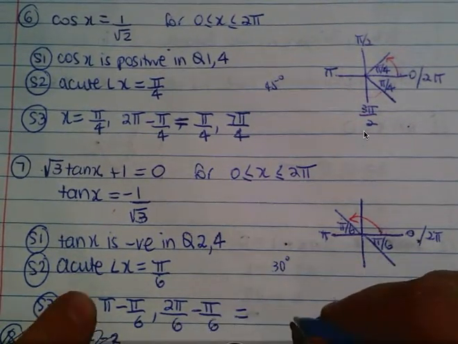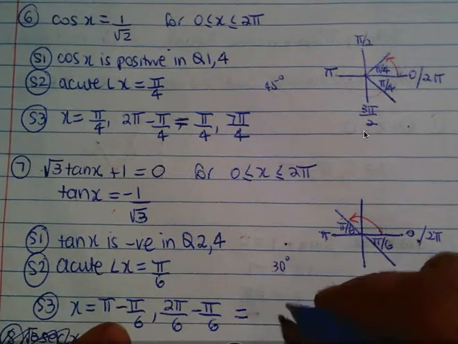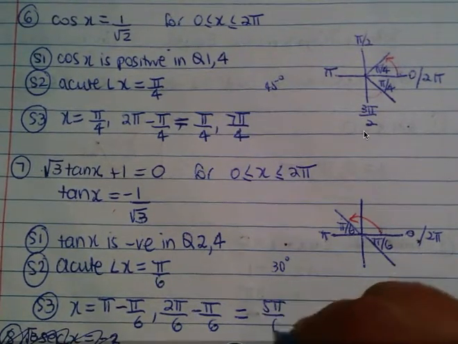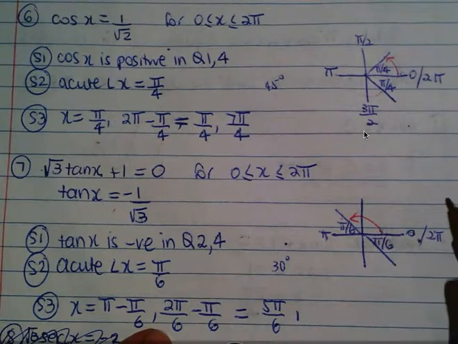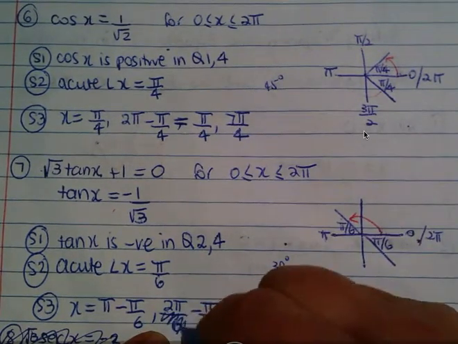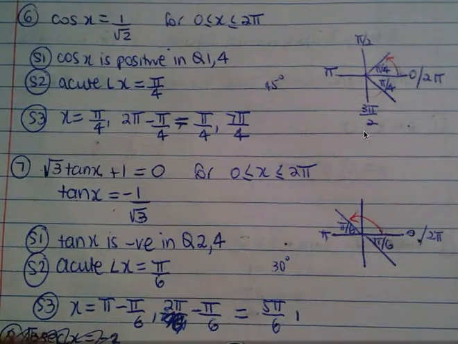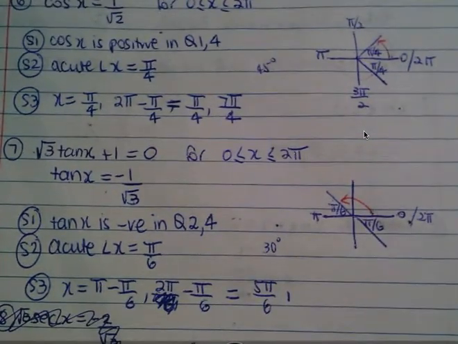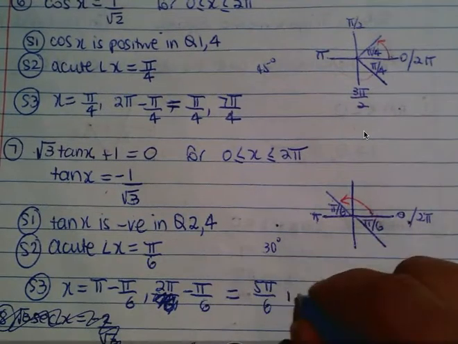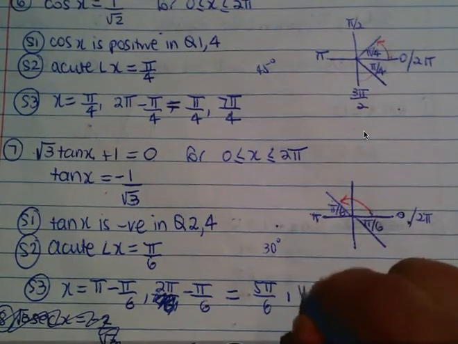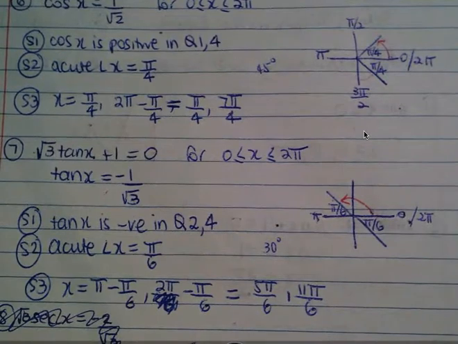So my solutions are 1 minus 1/6, that's 5/6 pi. And my other solution is, sorry, that's not 2 pi on 6, that's just 2 pi minus pi on 6. Sorry, just a little type error. And this is 2 minus 1/6 is 1 5/6, which is 11 pi on 6.